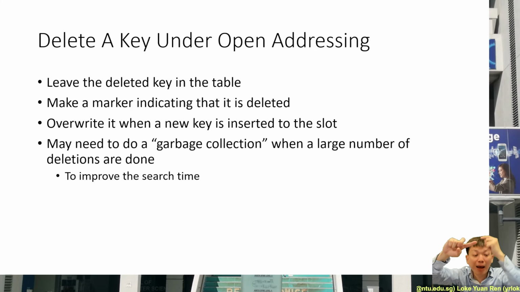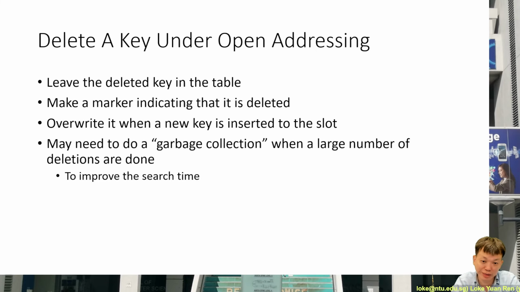Then you go back to the first deleted slot, the first available slot, and insert it. You may encounter 2 or 3 deleted slots, but which one should you insert into? Of course, it's the very first one you encounter, not the second one.